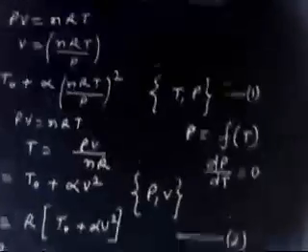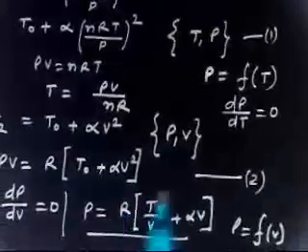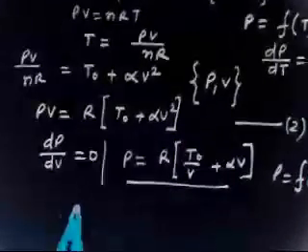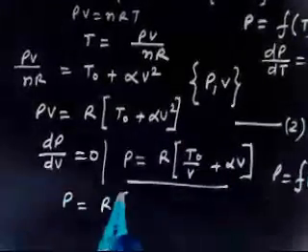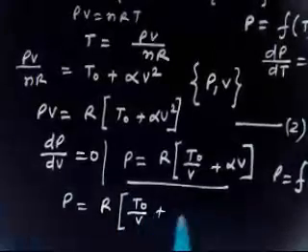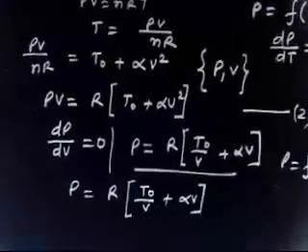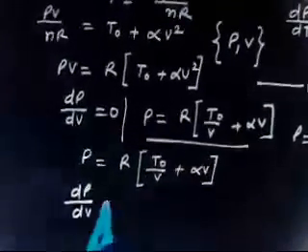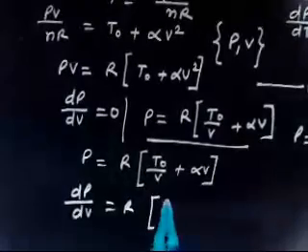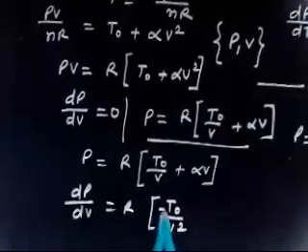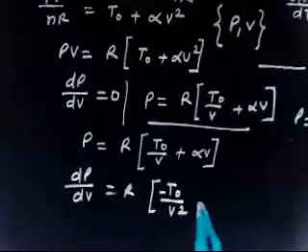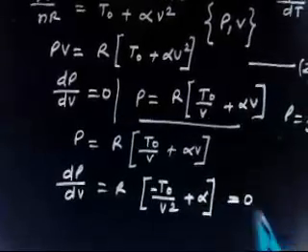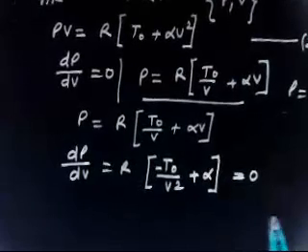Now, for me this is the easy one. The expression for pressure is R times (T naught by V plus alpha V). If I differentiate, dP by dV equals R times (minus T naught by V squared plus alpha), and this equals 0.